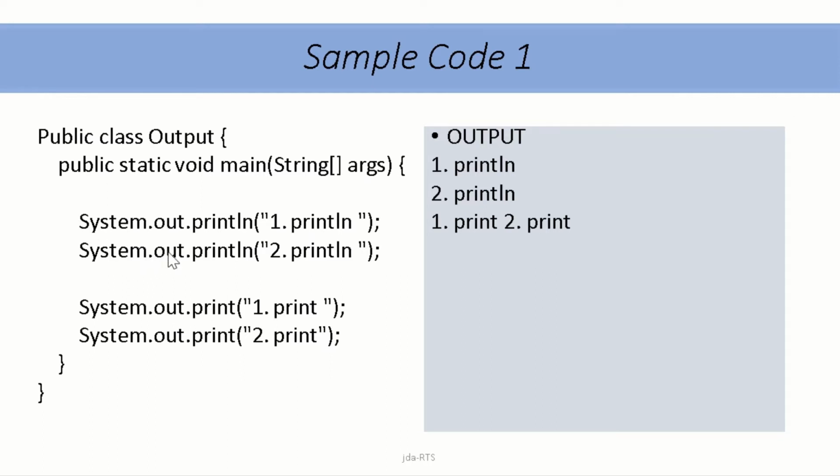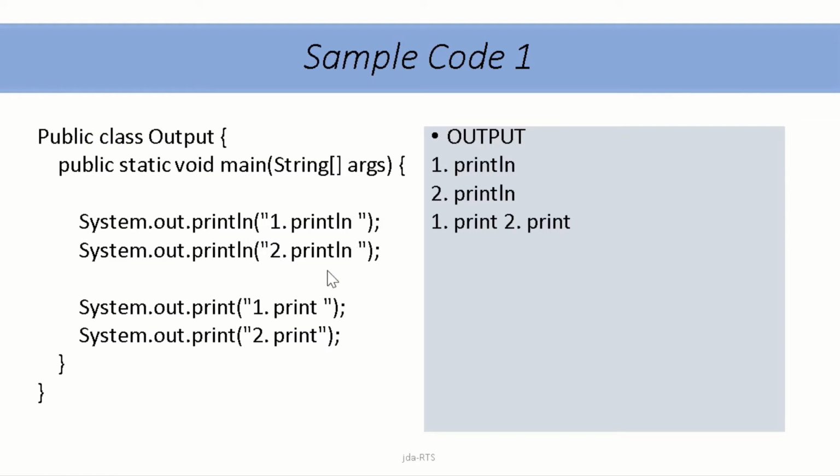We call the method out, and then another action inside out is print, or rather println. Inside the open and close parentheses is 1.println, and the other one is 2.println. That means in this case we use println for the two lines.